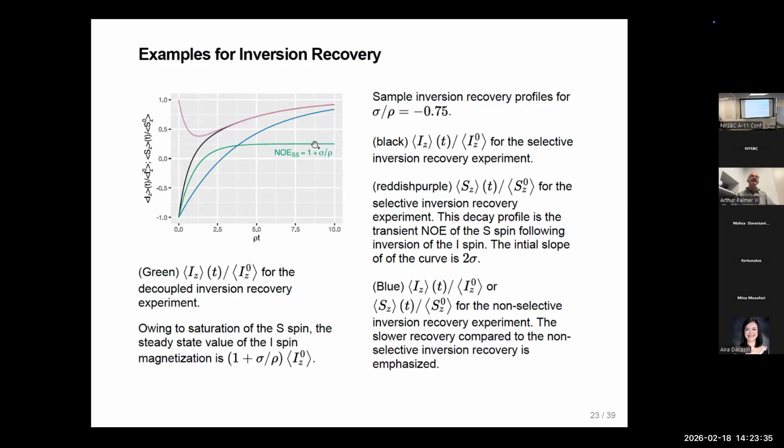And we come to a steady state because we're saturating one spin. We don't come back to real Boltzmann equilibrium because one spin is always saturated. So we come to a steady state value that depends on the NOE and the R1. Black is the selective inversion recovery. So we inverted one spin, it recovers.